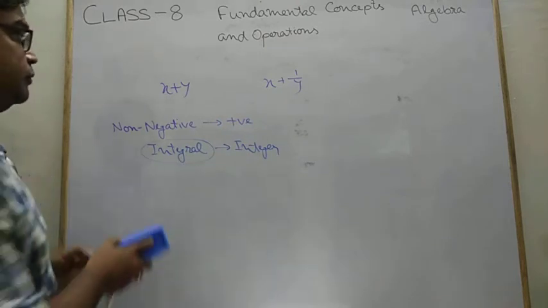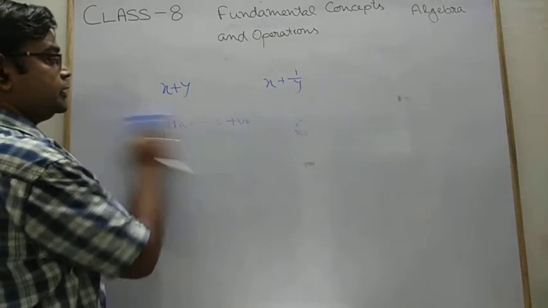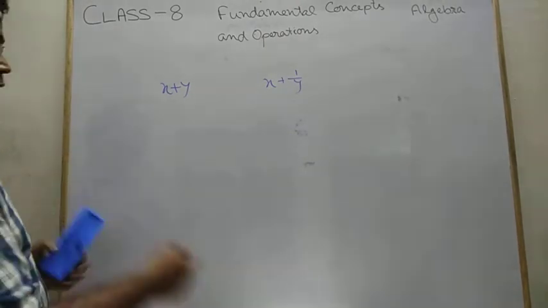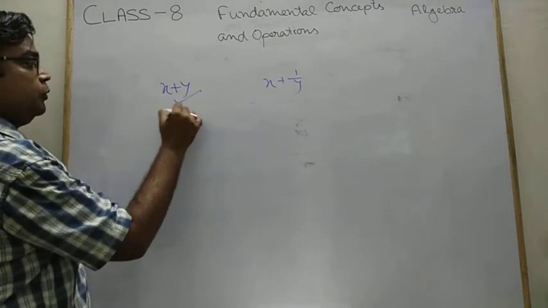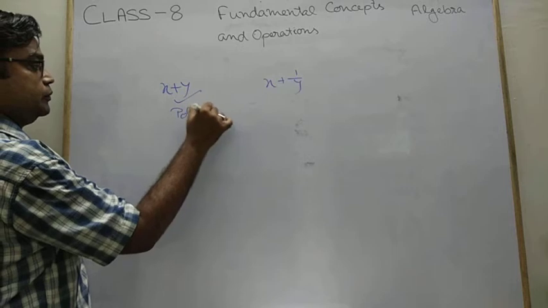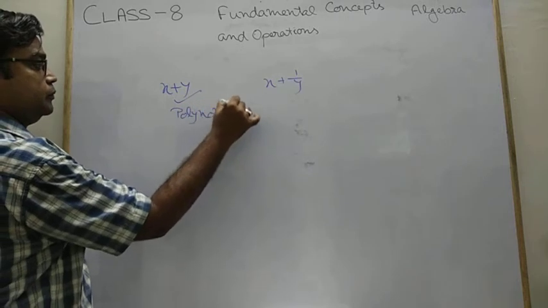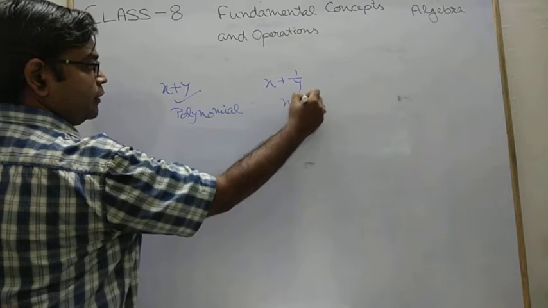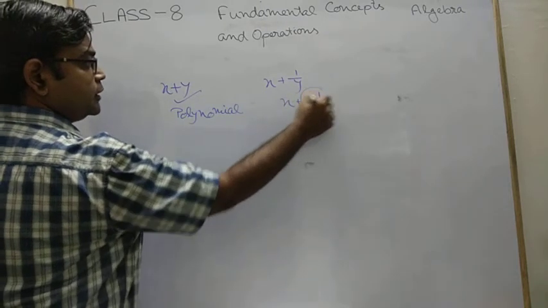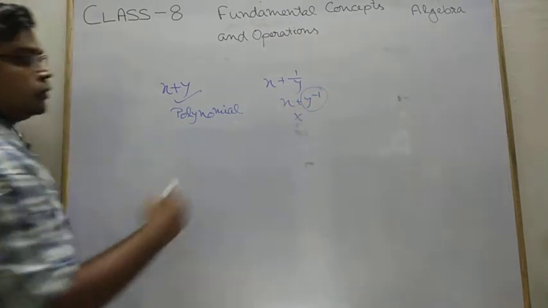So let's do some examples. In this case, this is a polynomial expression, but this other one is not, because the value of the exponent here is -1, so it is not a polynomial.